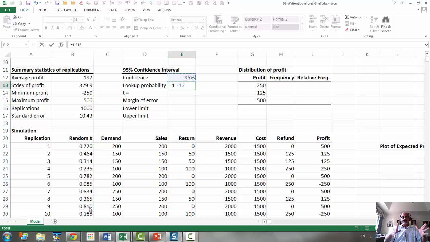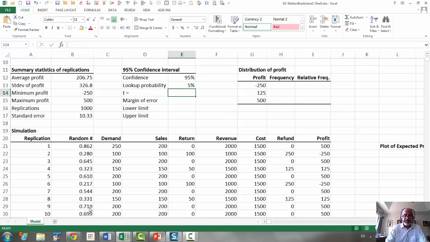The t distribution requires the alpha value, that is the tail values, so you need to do 1 minus that. The t value is given by T.INV.2T. That's our two-tail distribution, and the first item is the probability, which is the alpha value. The degrees of freedom is n minus 1, where n is the number of replications. So that will give us the t table value.